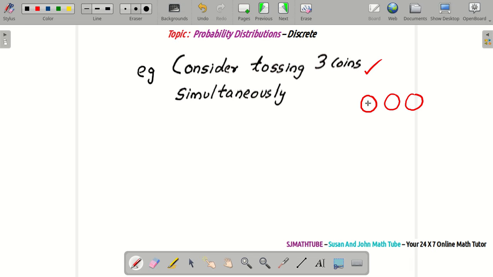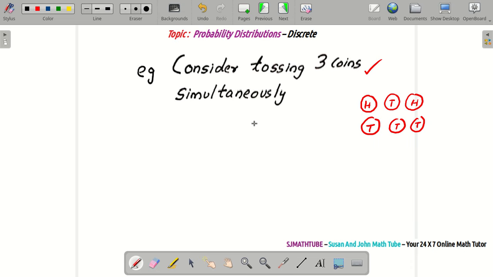Let's ignore that. Let's hope when you toss the coin you'll either get head or tail. So one possibility is head, tail, head. And another possibility, can you try? Maybe tail, tail, tail, all of them tail. So there are many possibilities.